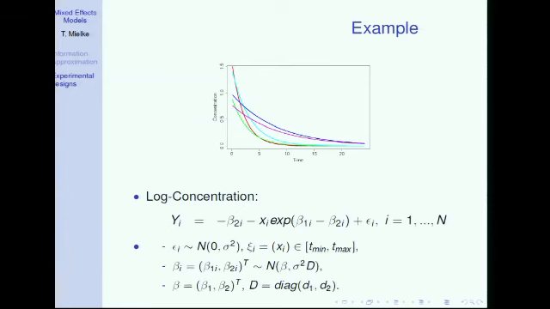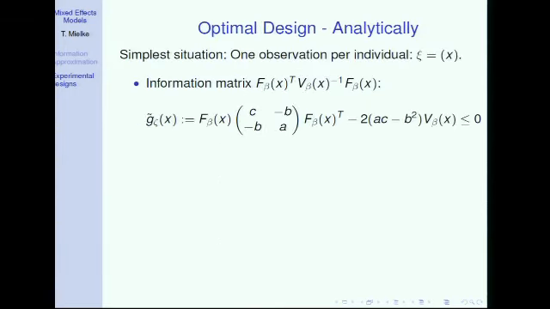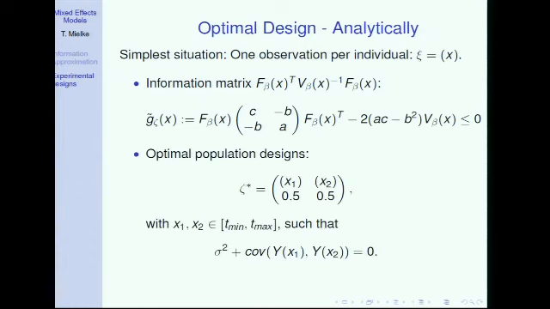In our model with this exponential decay, and when we assume that we have just one observation per individual, a very sparse design, then one can easily construct the optimal design analytically. Here the d-optimal design is given by all pairs of points x1, x2 in this interval fulfilling this equation.